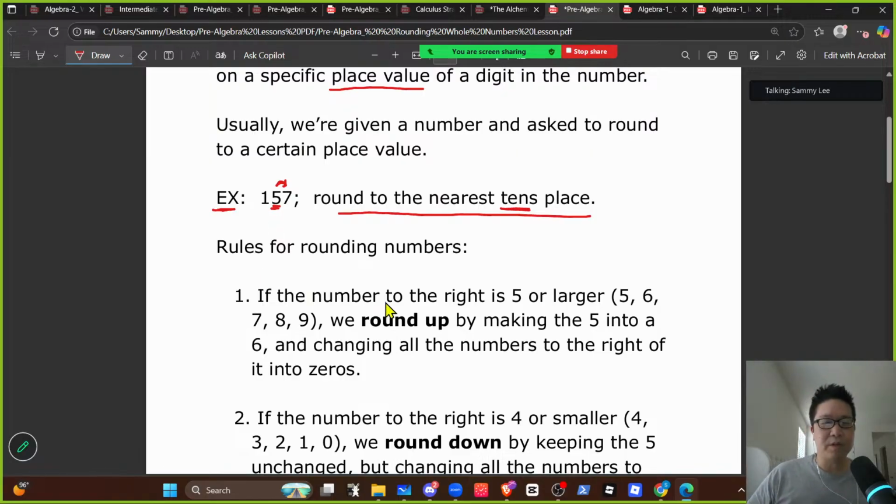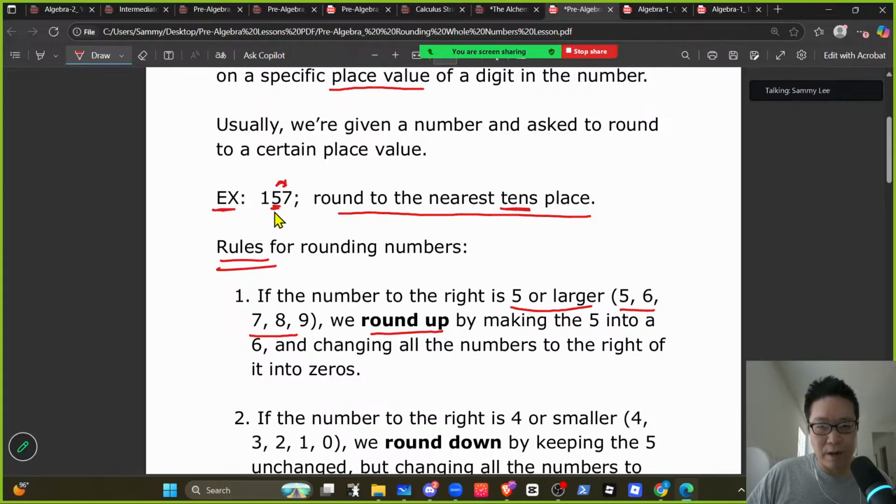Here are the rules. If the number to the right of the number we're asked to round to, in this case the tens place, is 5 or larger, in other words 5, 6, 7, 8, 9, we're going to round up.